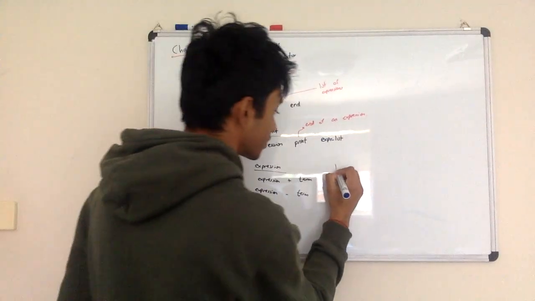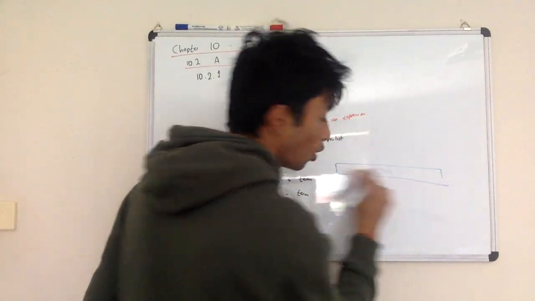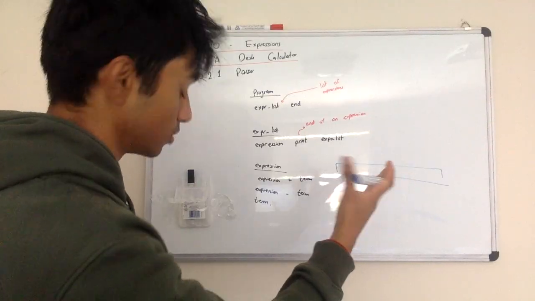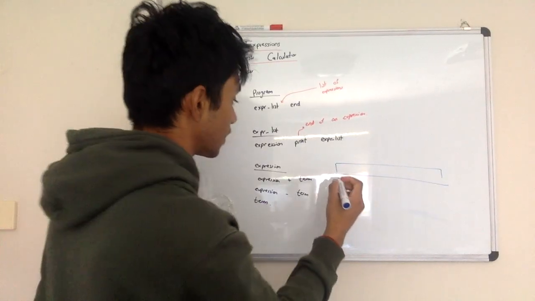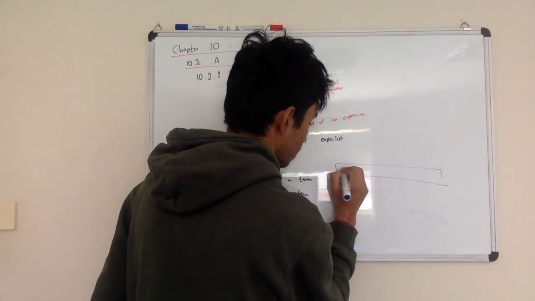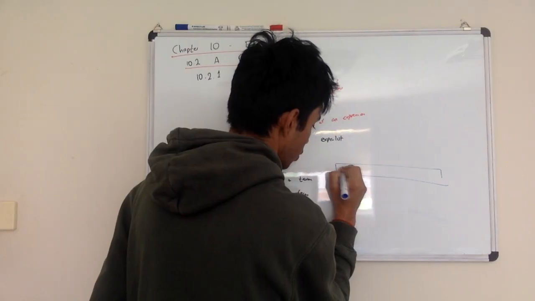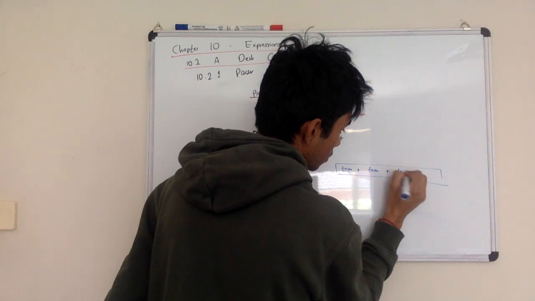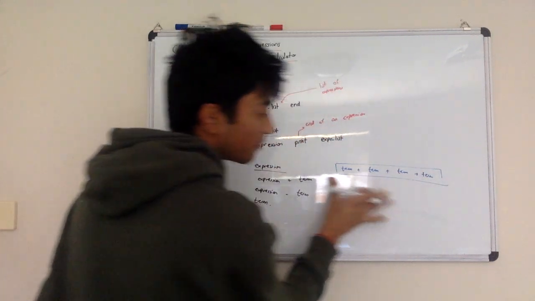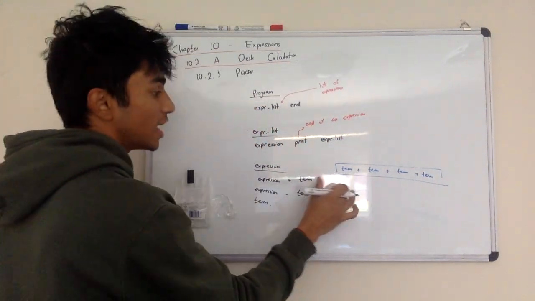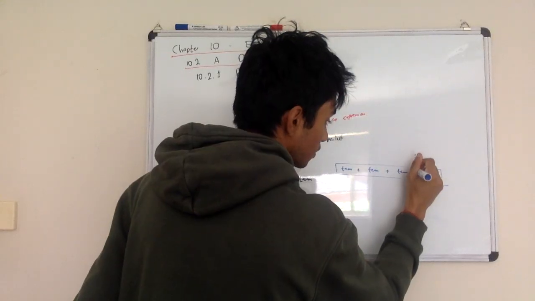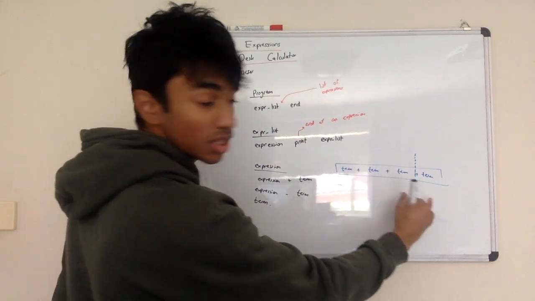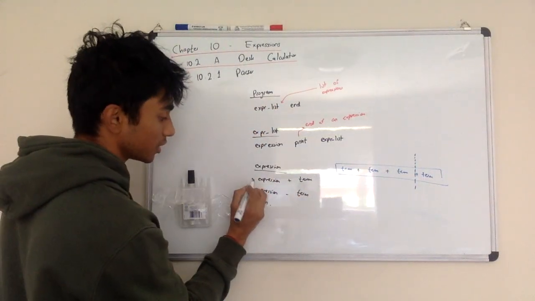If an expression consists of a long chain of mathematical operations and terms, we can think of it as if it's term plus term plus term plus term, right? If this entire thing is considered an expression, it can also be seen that this expression can be written as this slightly shorter expression plus this extra term, which is what this first thing is saying.